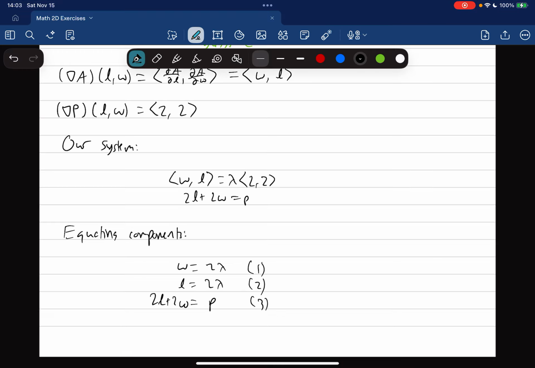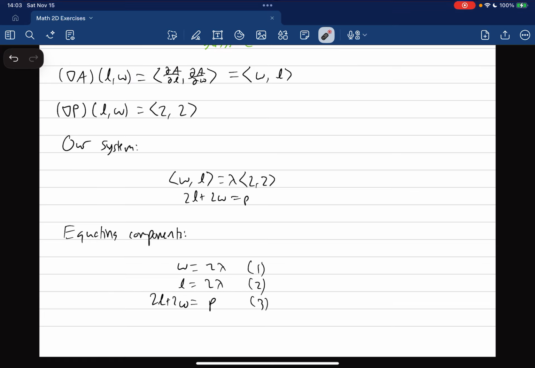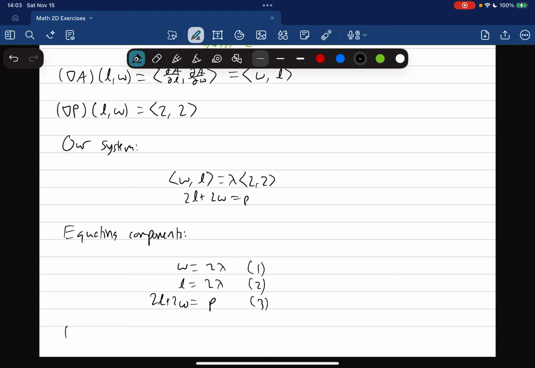And the reason why is because we can see that from 1 and 2, both of the right sides are equal. They're both 2 lambda. So from 1 and 2, we can just set these equal to each other. W equals 2 lambda, but this is equal to L. So W equals L.